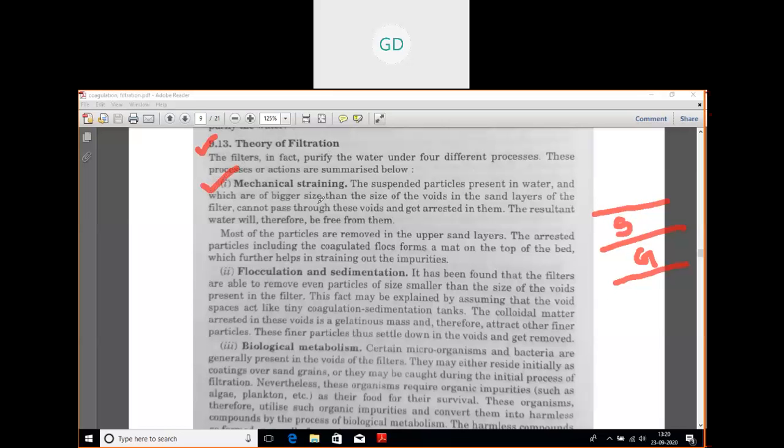Number one is mechanical straining. What is written here: the suspended particles present in water which are of bigger size than the size of the voids in the sand layers of the filter cannot pass through these voids and get arrested in them. The resultant water will therefore be free from them.